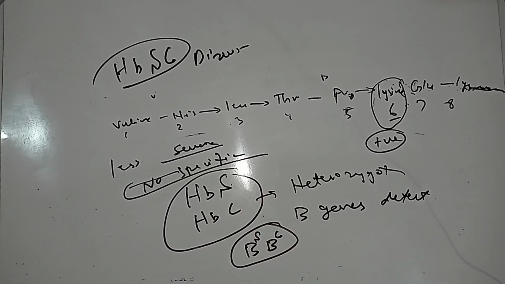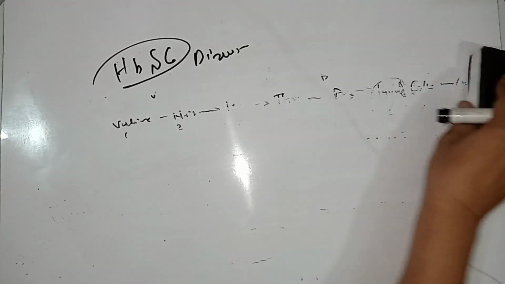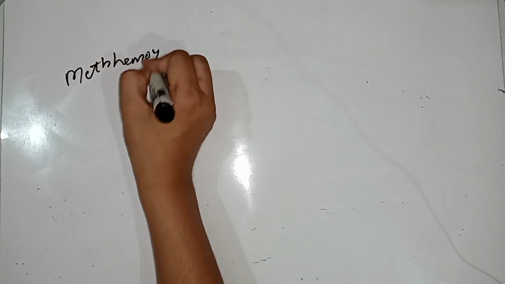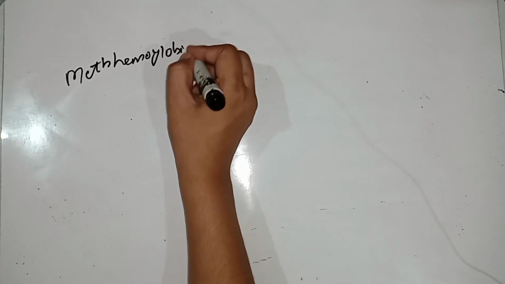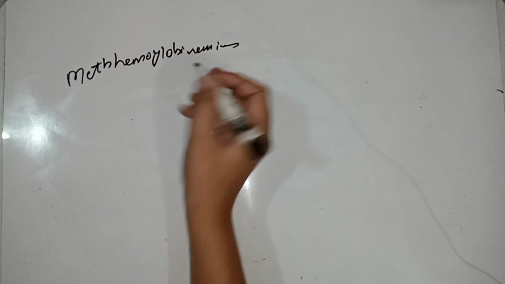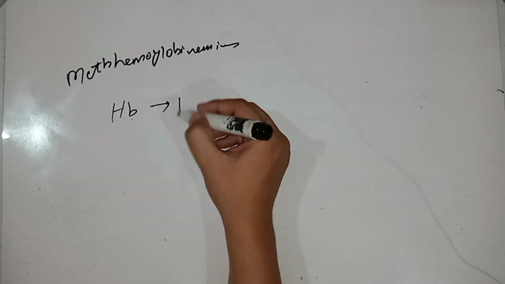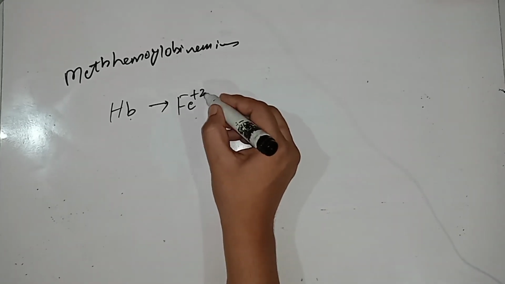Next we come towards another disease, which is methemoglobinemias. So what is methemoglobinemias? The iron present in the heme of hemoglobin is in the ferrous state, Fe2 positive.